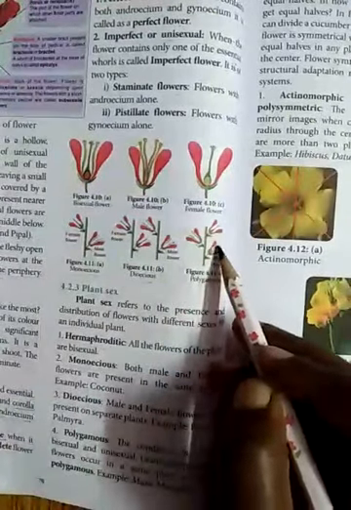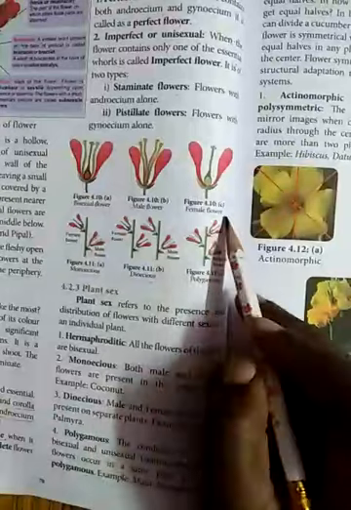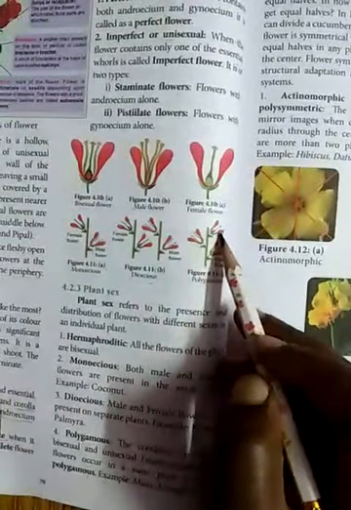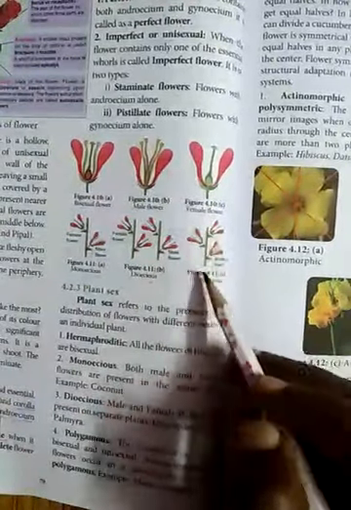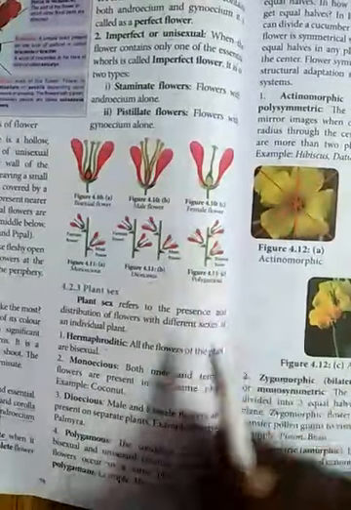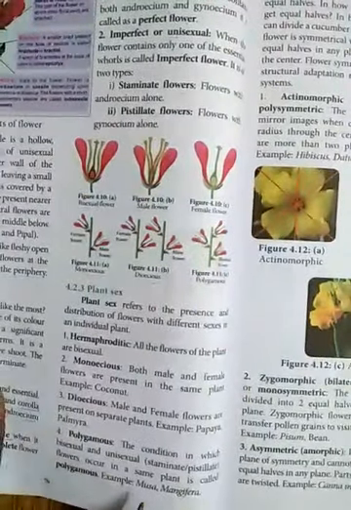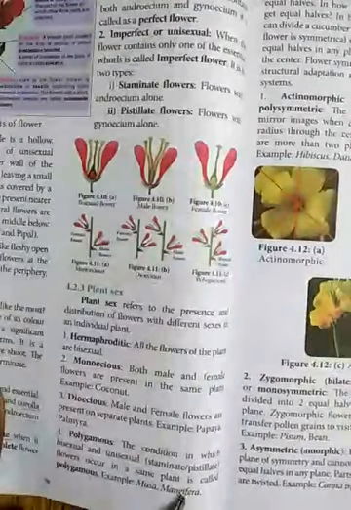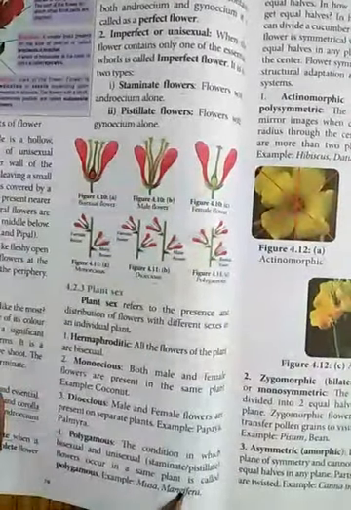In the same flower you can find androecium and gynoecium. So when this type of arrangement is seen, female flower, male flower and bisexual flower in the same plant, we call it polygamous. This polygamous condition we can find in Musa as well as in Mangifera.